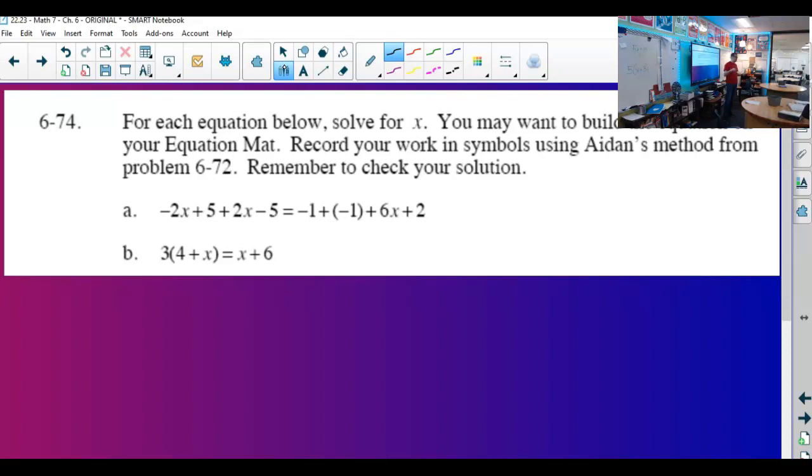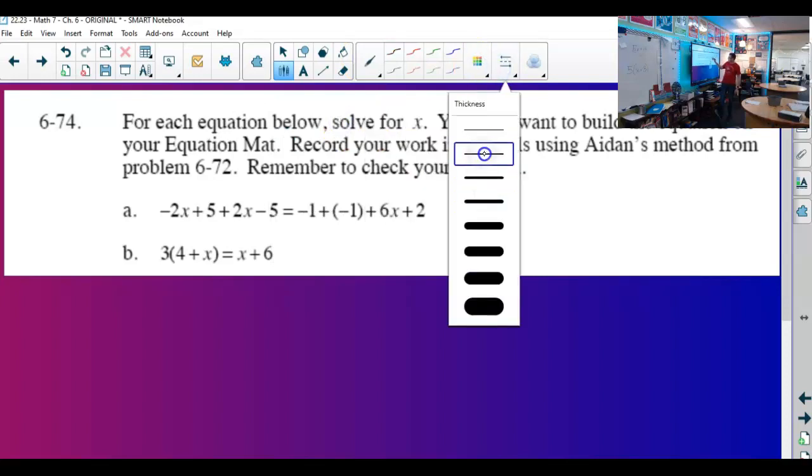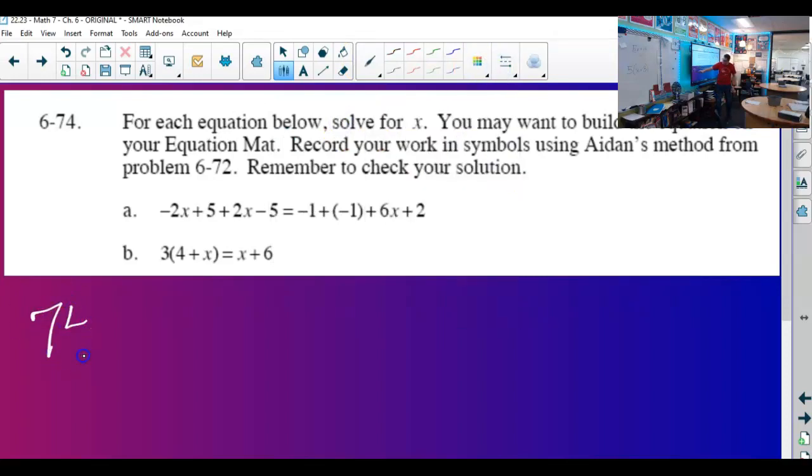So you've probably already done this, but if you haven't, we copy down exactly what they show us. We don't do any work at all first. So on your graph paper, you might number, might being a good suggestion, 74 part A, and then you copy that, negative 2x, you could put that in parentheses if you want.